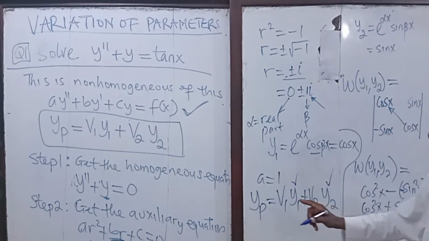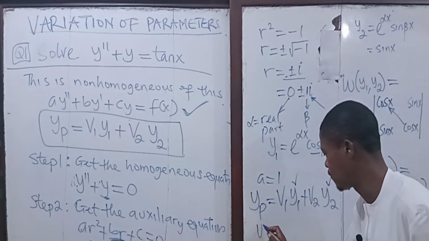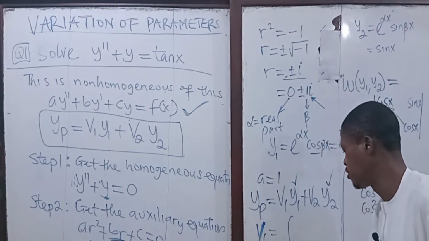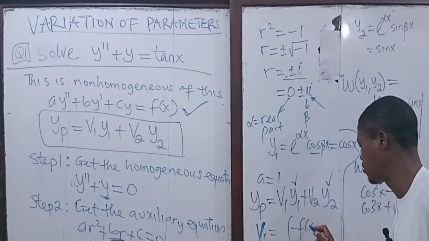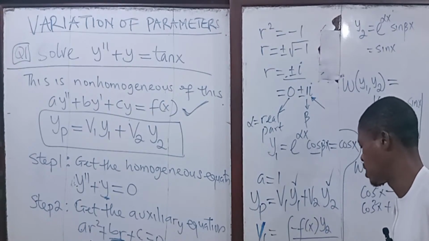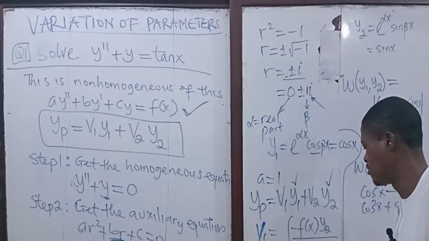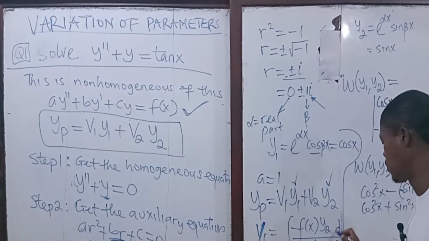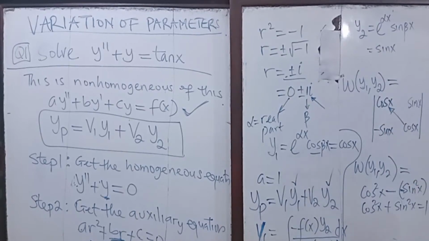So what I need to do now is to get V1, and my V1 has this formula, which is the integral of minus f of x times y2 all over a times the Wronskian of y1, y2. Don't forget your dx.